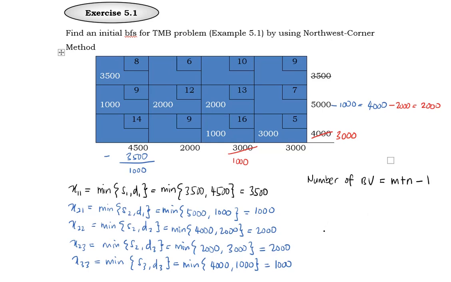In this problem, the number of variables is 3 plus 4 minus 1, which is equal to 6. So here we have 6 basic variables: 1, 2, 3, 4, 5, and this one is 6.